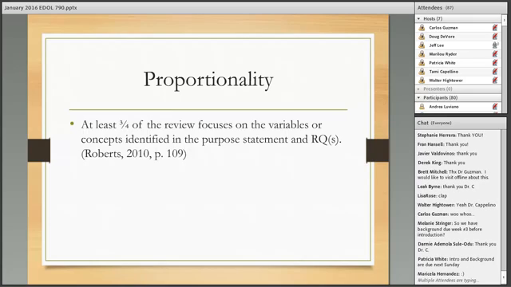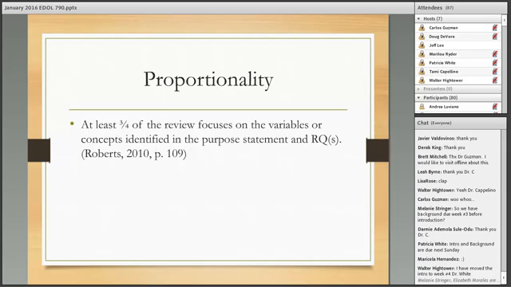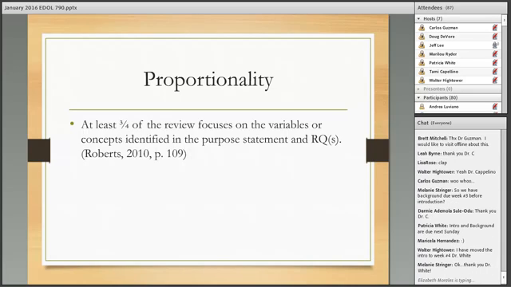You don't have to take it out now, but one of the most helpful pages in the book is page 109. I think it's 108 and 109. There's a checklist of things related to how to write a literature review. And on that checklist is some language that talks about proportionality. And I love how Roberts talks about proportionality here.